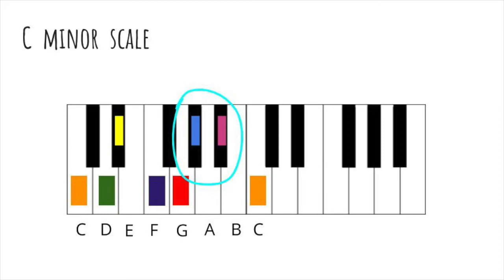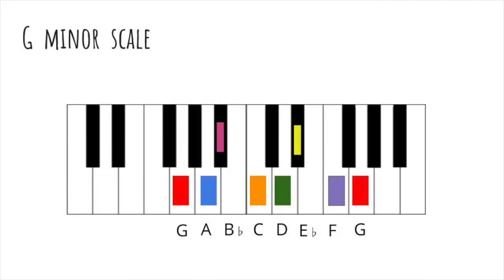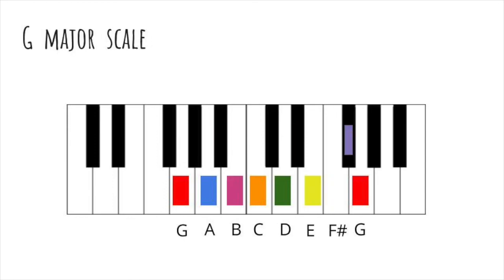And just like the major scale, this relationship can be transferred to other keys. So just as we looked at G major before, let's now have a look at G minor. In the G major scale, there was a B natural, an E natural, an F sharp in those crucial 3, 6 and 7 positions.